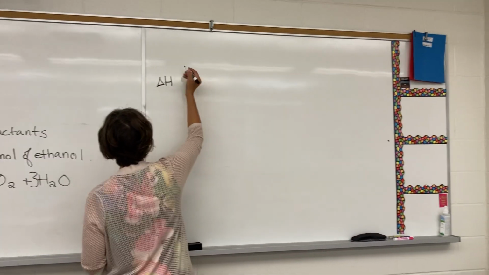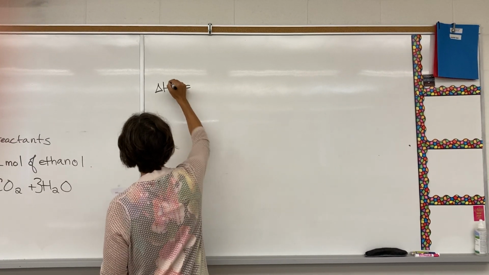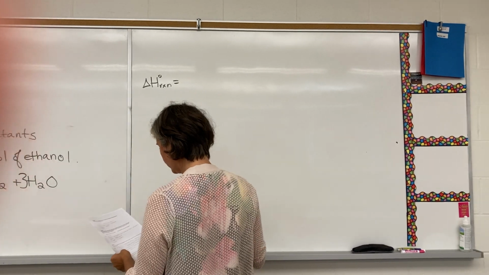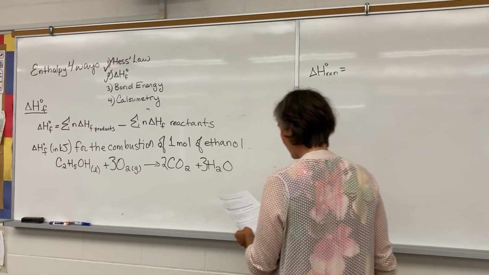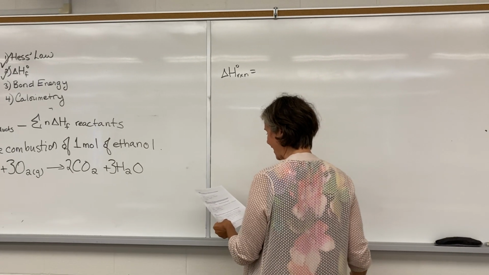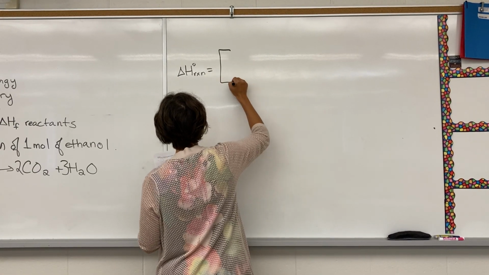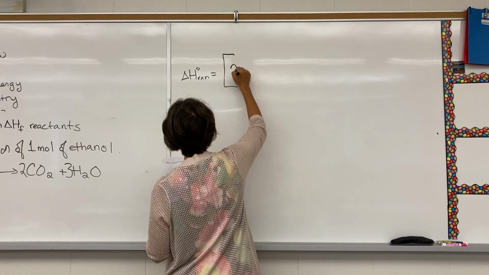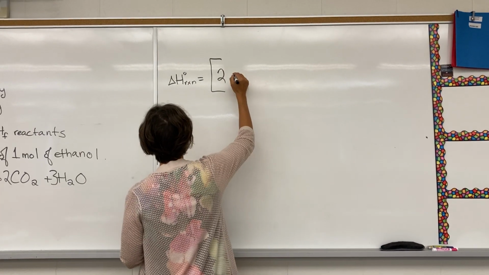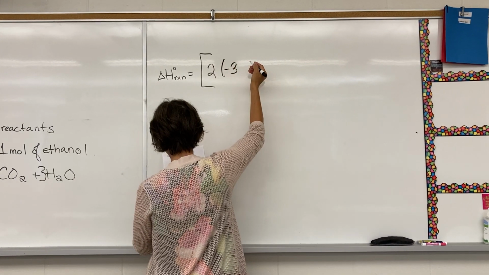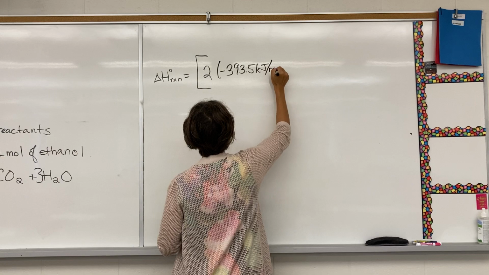The enthalpy of the reaction, because we're determining it for the reaction, not one specific substance. The enthalpy of formation for carbon dioxide, if you look on the table, is -393.5 kilojoules per mole. So in a big square bracket, we have a 2 coefficient because our stoichiometric coefficient in front of CO2 is 2, times -393.5 kilojoules per mole.